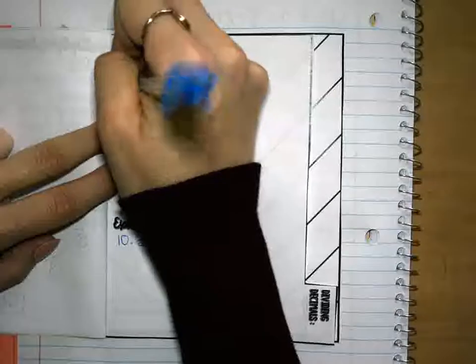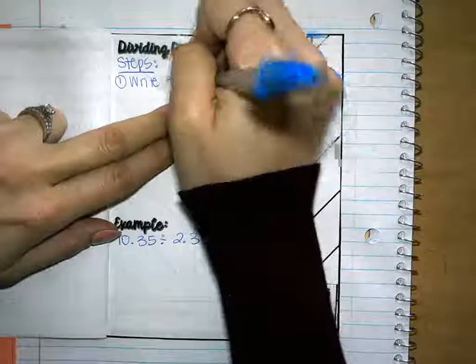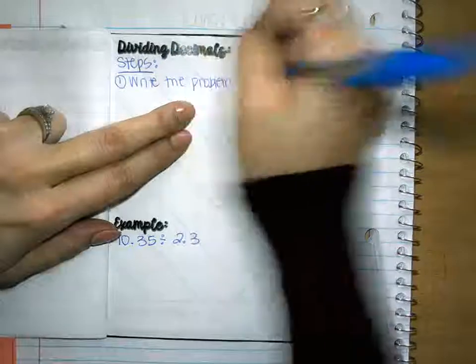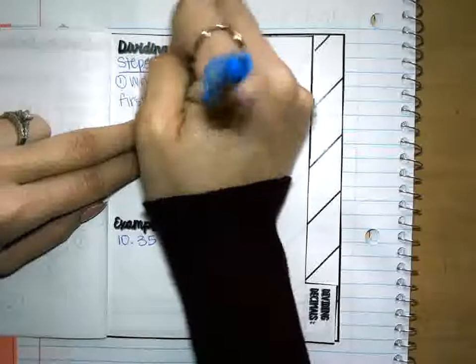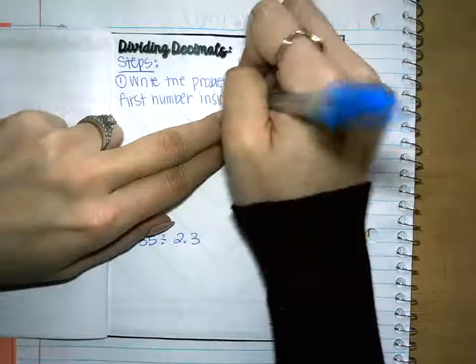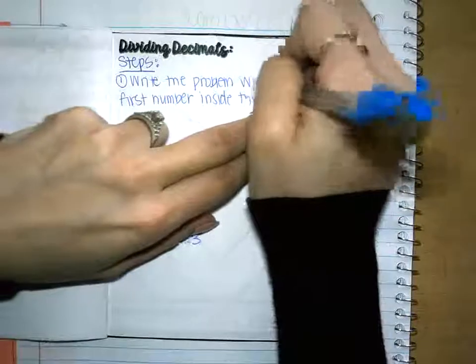Whatever number comes first. So step number 1, write the problem with the first number inside the division bracket, it's what it's called.